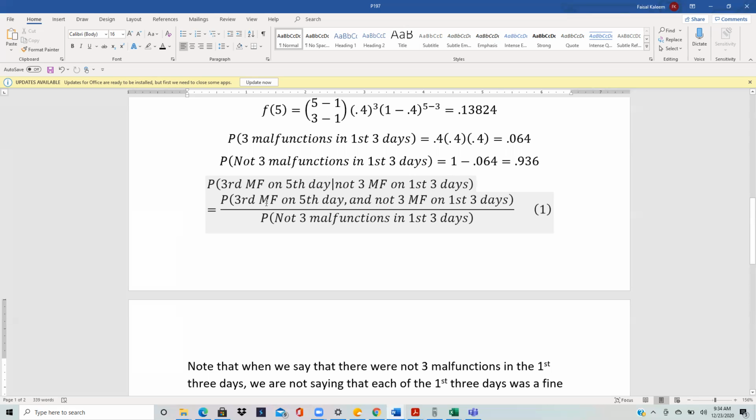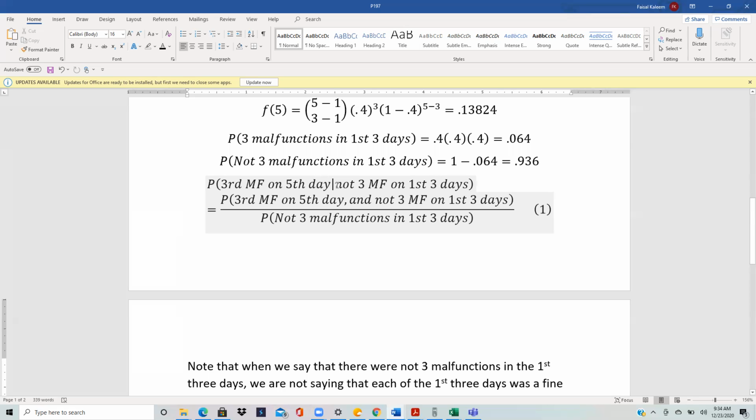So whether we say third MF on the 5th day and not 3 MF on the first 3 days, or we simply say third MF on the 5th day, it's the same thing, because third MF on the 5th day automatically requires that you should not have 3 MF on the first 3 days, as I explained. So this numerator's "and" part can just be omitted.